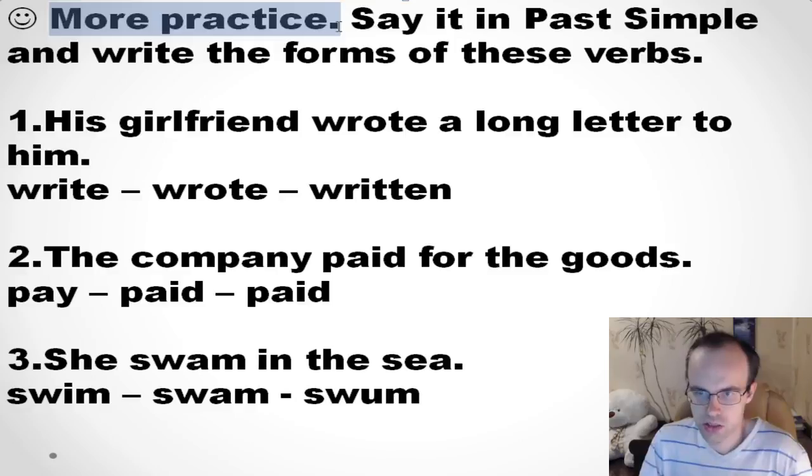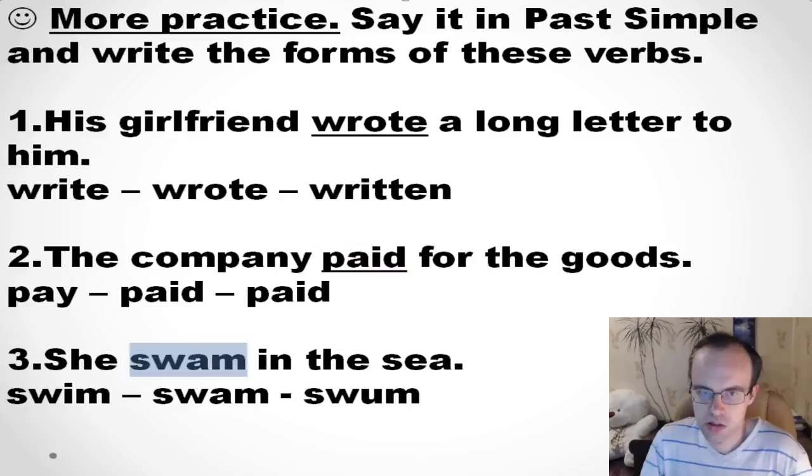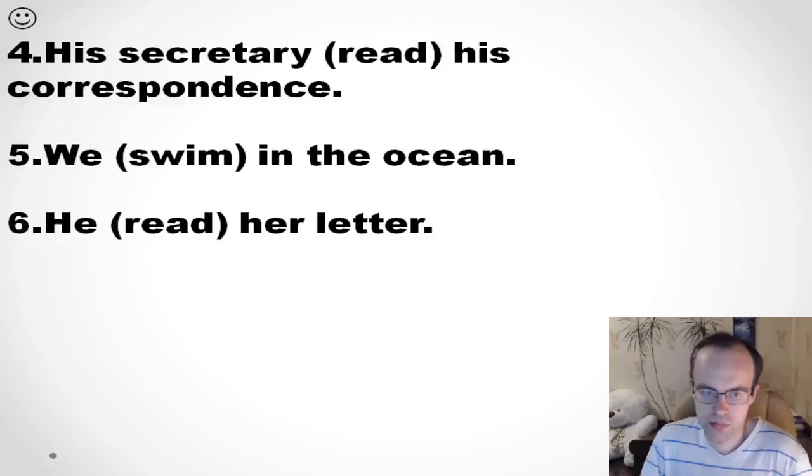More practice. Say it in past simple and write the forms of these verbs. Okay? His girlfriend wrote a long letter to him. Write, wrote, written. The company paid for the goods. Pay, paid, paid. She swam in the sea. Swim, swam, swam.